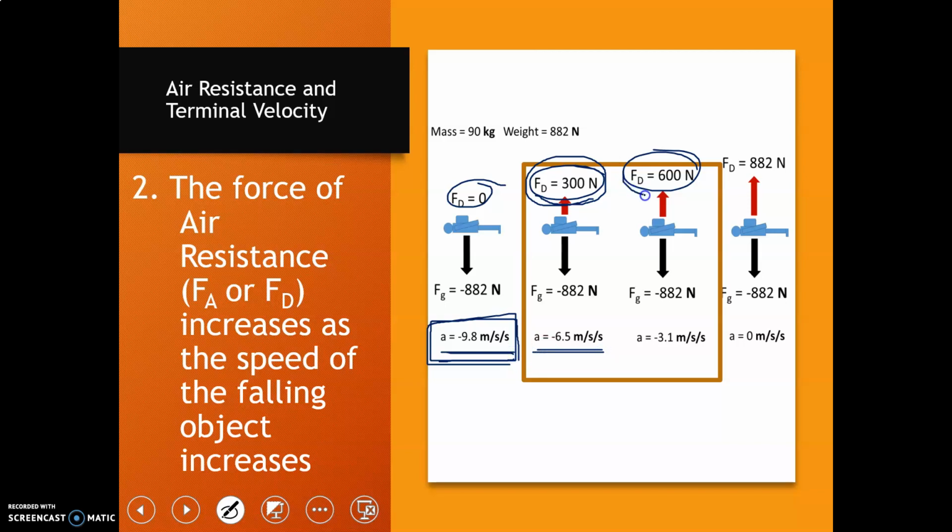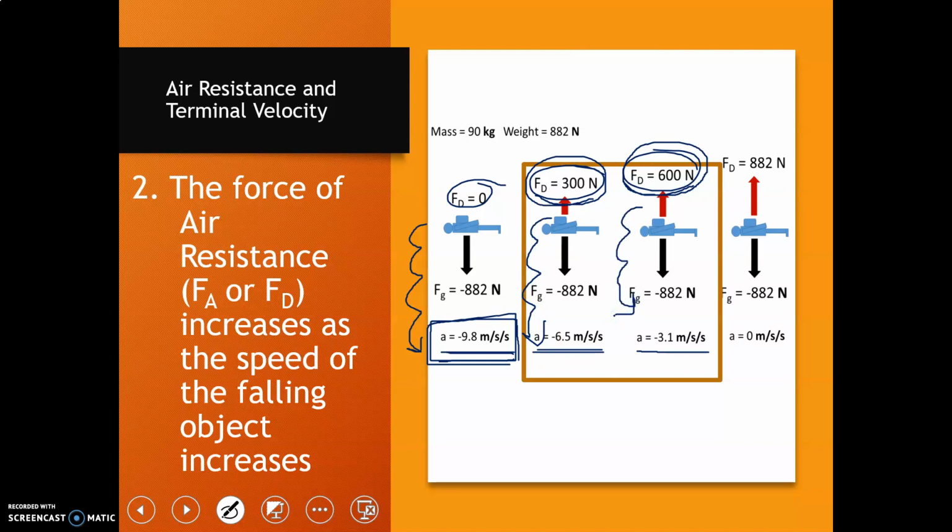As the air resistance continues to increase, and now the drag is 600 newtons, now the acceleration is negative 3.1 meters per second squared. So you can see there's not as much acceleration. Instead of adding 9.8 for every second that the person falls down, you're going to be adding 6.5 here. And then 3.1 here.